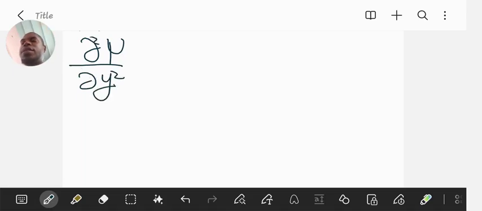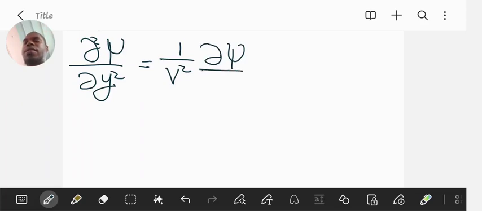The second partial differential equation is written simply like this: the second partial derivative of psi with respect to y equals 1 over v squared, times the second partial derivative of psi with respect to t.